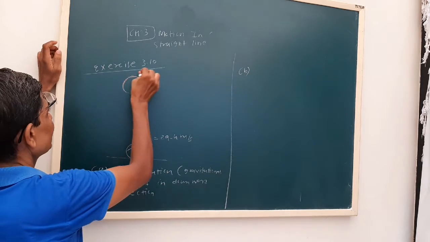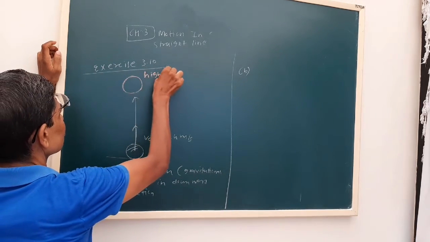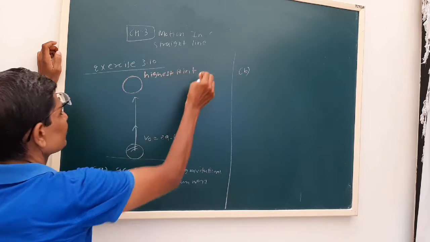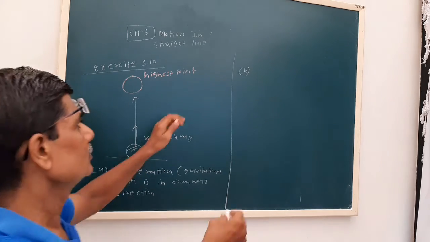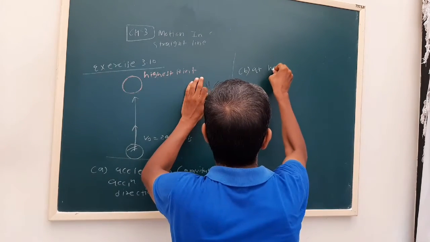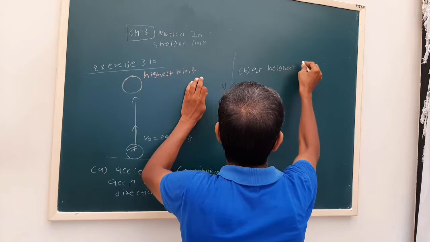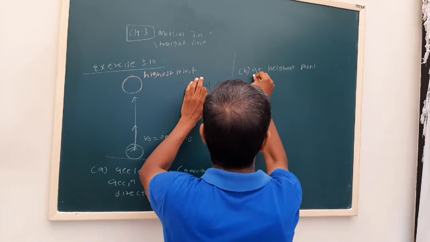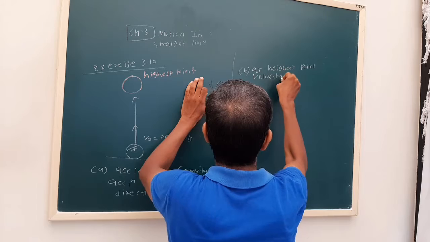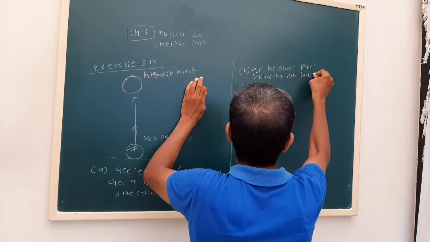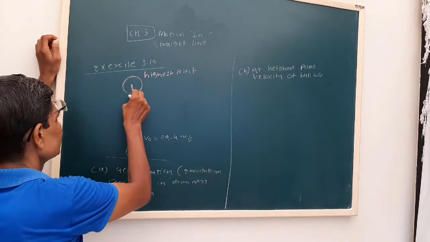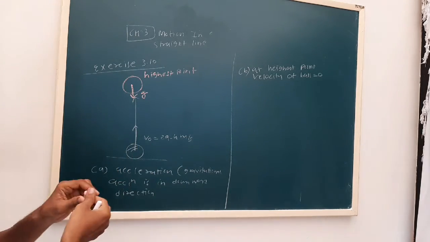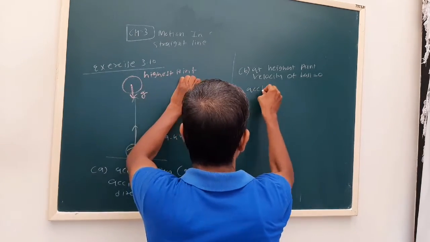Now let us say this is the highest point. See, at the highest point the velocity will be 0. Why? Because it is moving against the gravitational acceleration. So velocity is zero, but at that time also g is present, so the acceleration will be in downward direction.